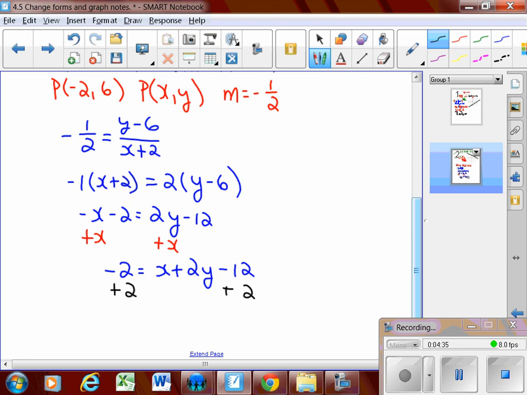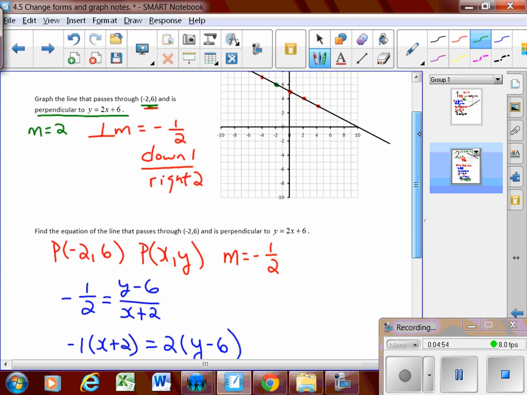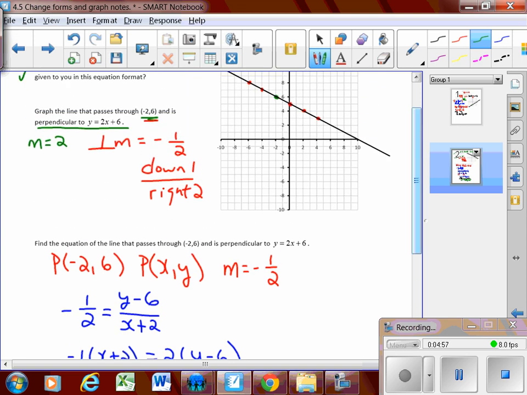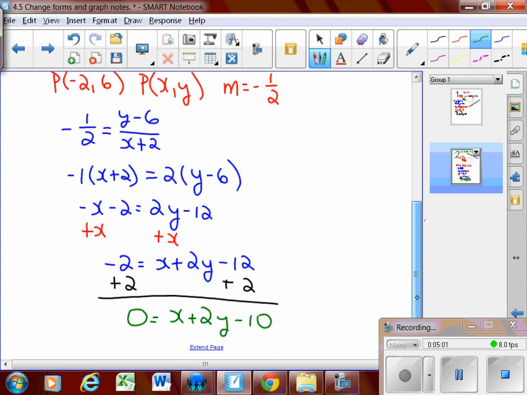And my general equation, when I'm finished, is 0 equals x plus 2y minus 10. X plus 2y minus 10 is the equation of that line that we graphed that has a slope of negative 1/2 and goes through the point negative 2 and 6.